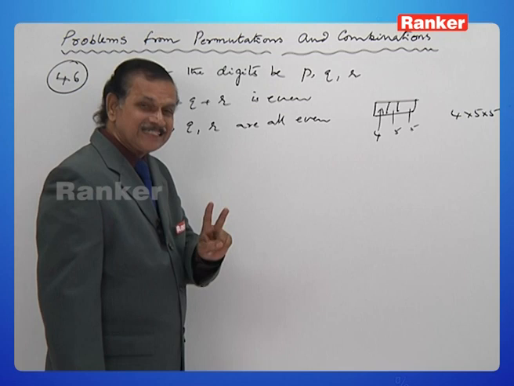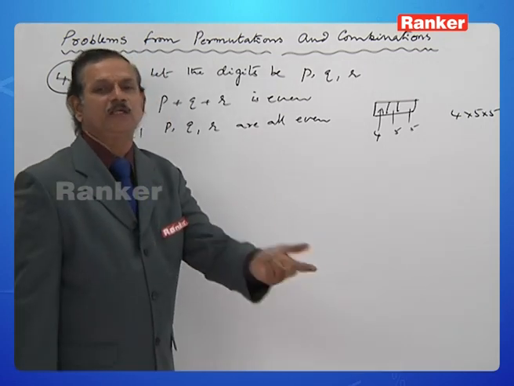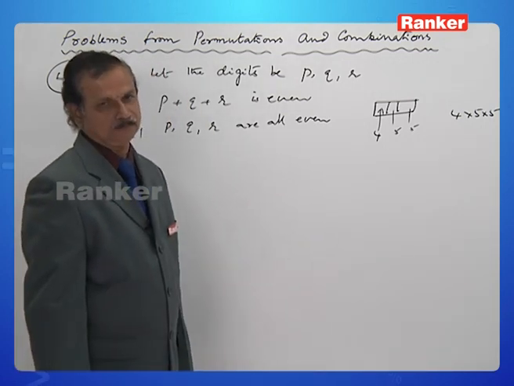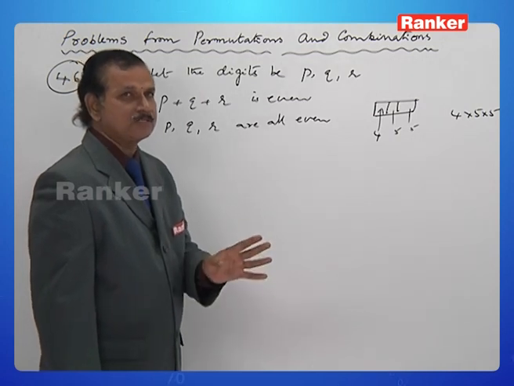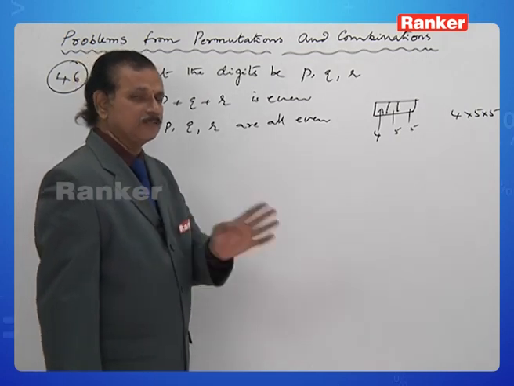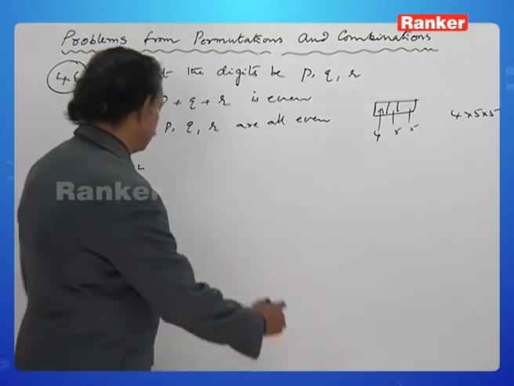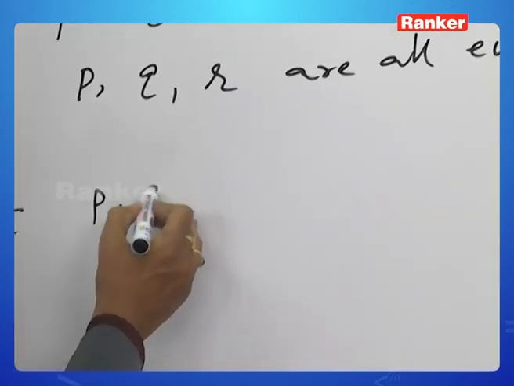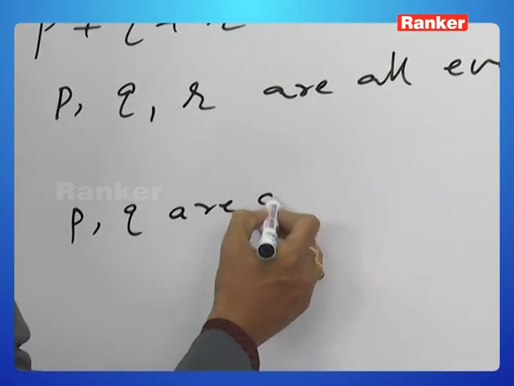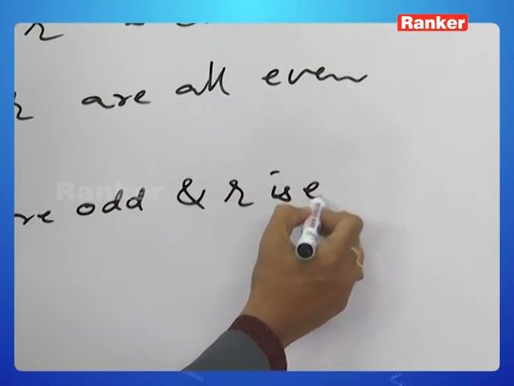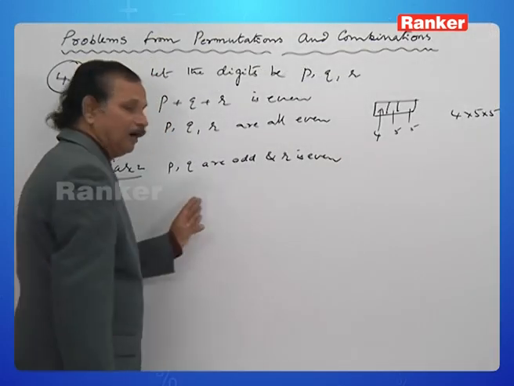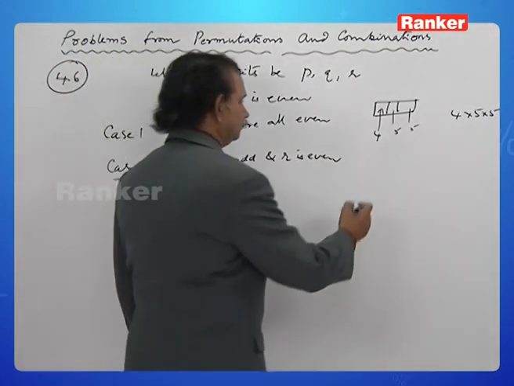Then 2 things are odd, 1 is even. It is possible. Suppose P and Q are odd, P plus Q is even, R is even, the sum is even. Yes, it is possible. P, Q are odd and R is even.